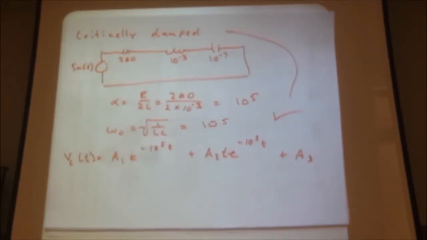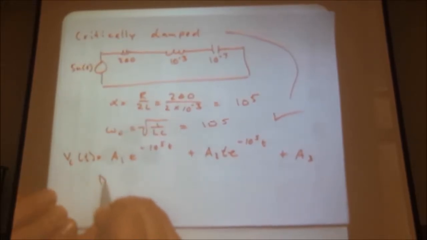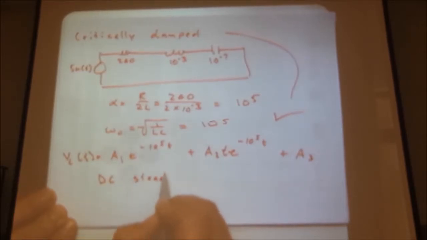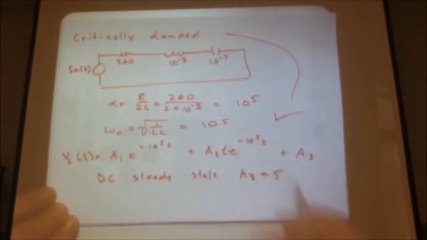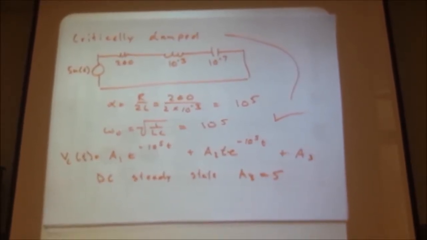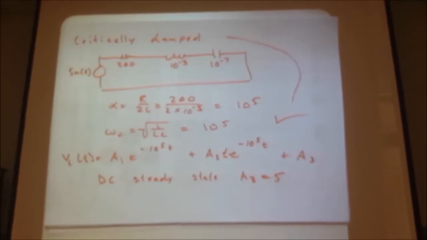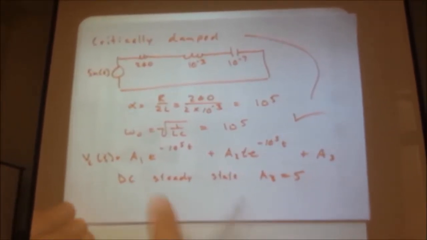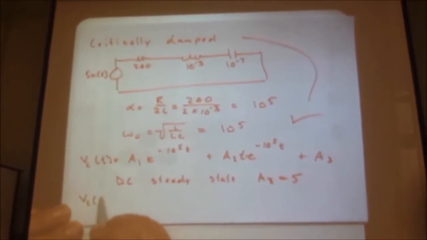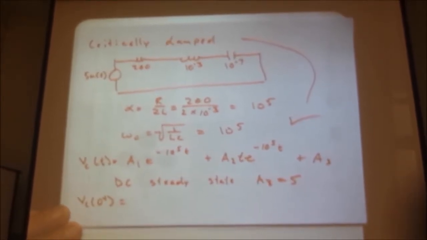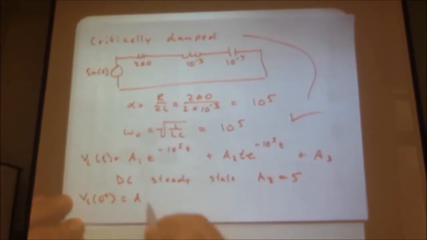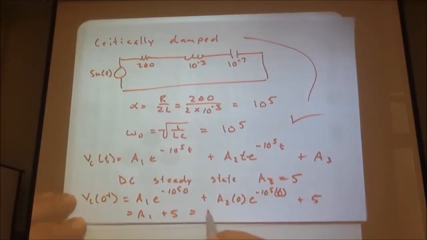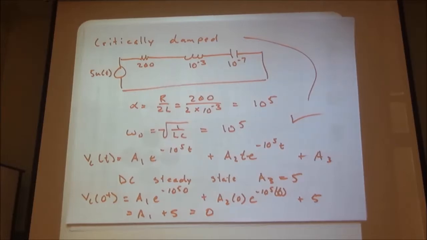So this is getting a little redundant, but our DC analysis gives us A3, which is 5 volts. Right? And so, well, we have again a zero initial condition problem, Vc(0+) equals what? Well, the nice thing about the critically damped case, we get, in this case, 0, because our initial condition was 0.